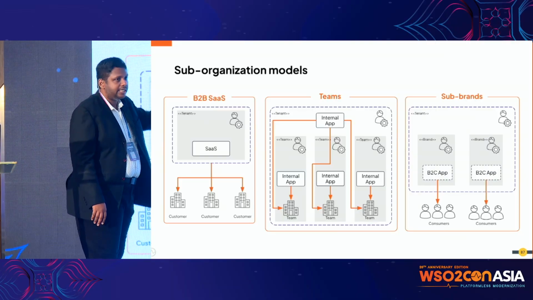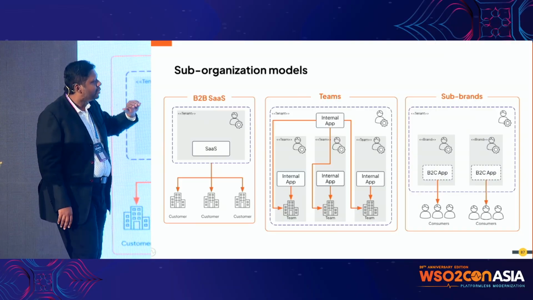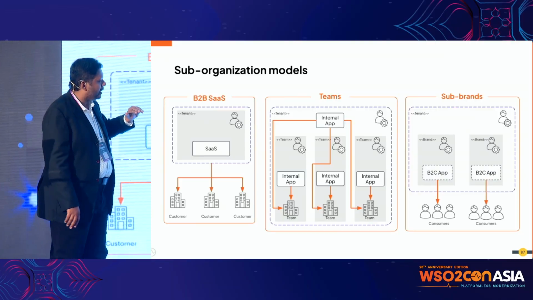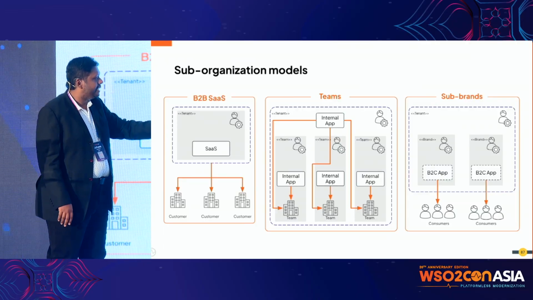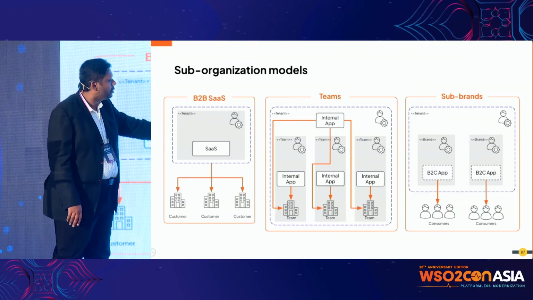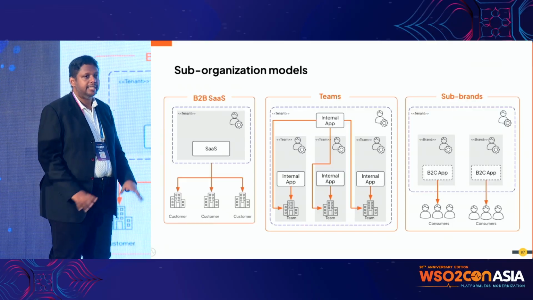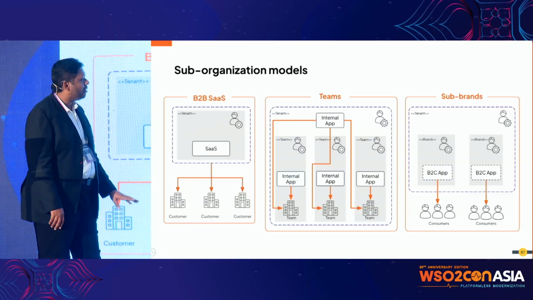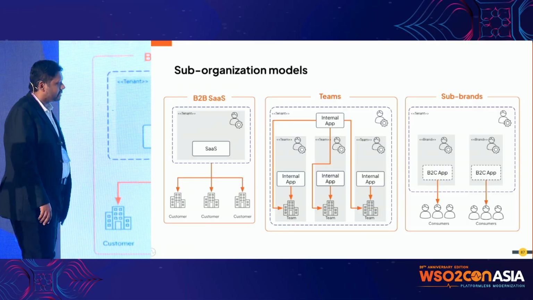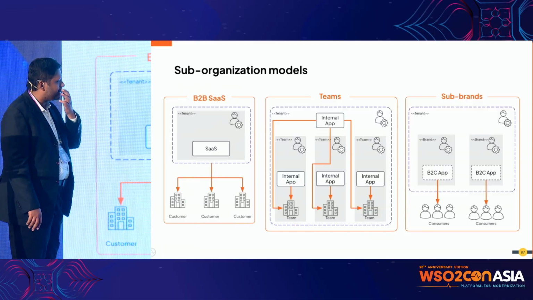But there are also shared applications. So you should be able to govern shared application access for each of these teams, but the teams should be able to govern their own internal applications in the same platform, right? This kind of setup is what we call internal organizations. So this is another use case for sub-organizations.